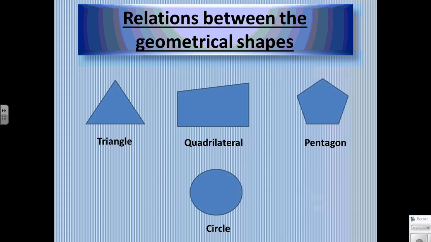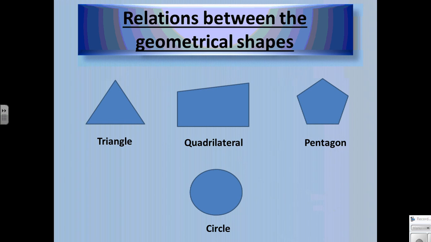Last year in grade 5, we learned that the triangle has 3 sides, 3 angles, and 3 diagonals. And then here we have the quadrilateral. It's a polygon which has 4 sides.